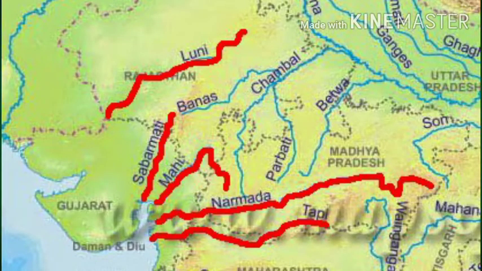The Shetrunji is one such river which rises near Dhalkawa in Amreli district. The Bhadar originates near Aneli village in Rajkot district. The Dhadhar rises near Ghantar village in Panchmahal district.